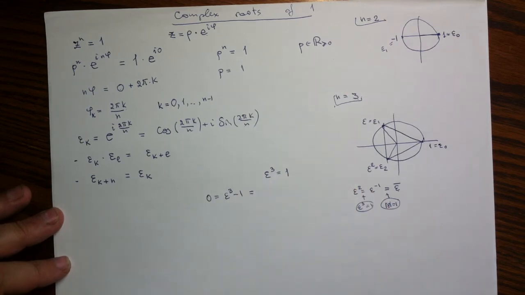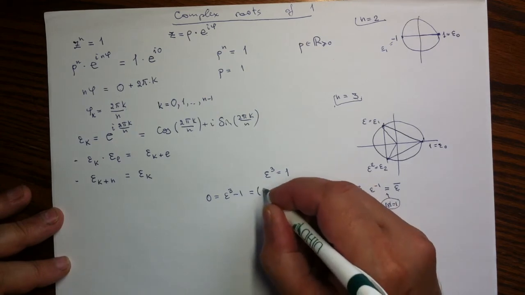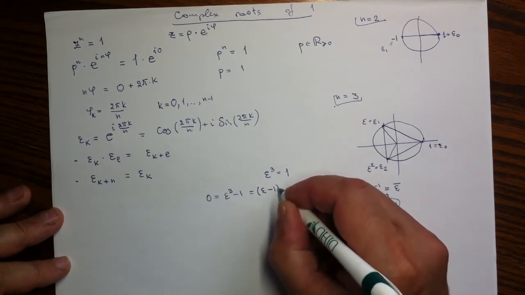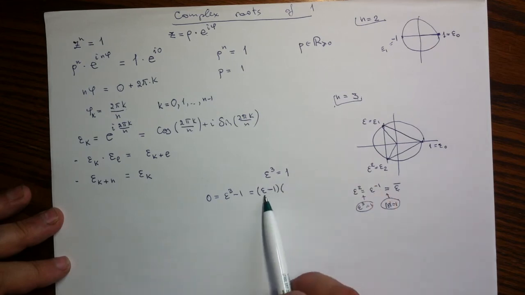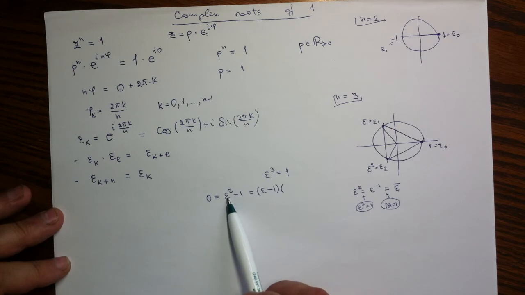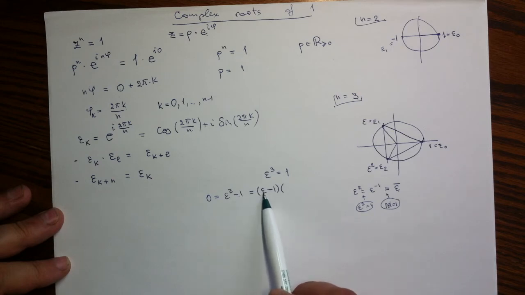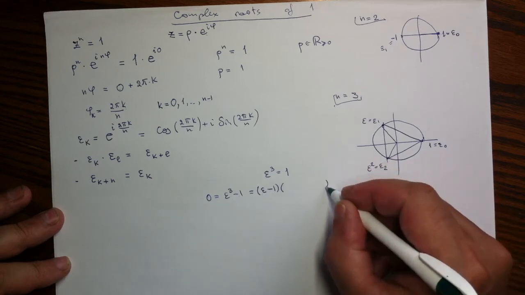Also, I'm going to use a sort of standard factorization of this, which is related to the geometric series. I'm going to factor epsilon minus 1 out. While thinking of this as a variable, you could always factorize this cubic polynomial. Say variable cubed minus 1 is always equal to this variable minus 1, and then the quadratic.